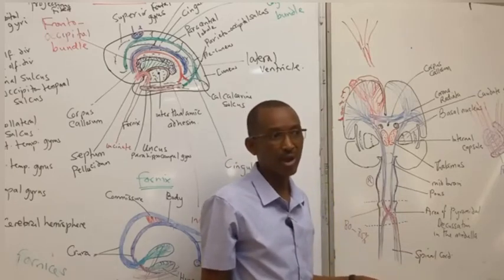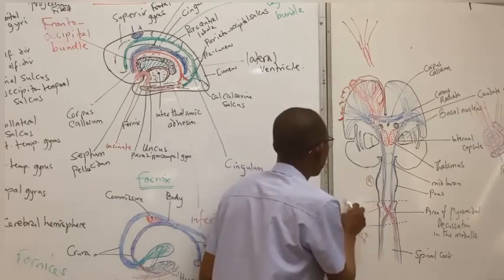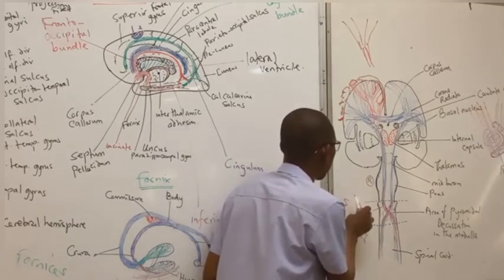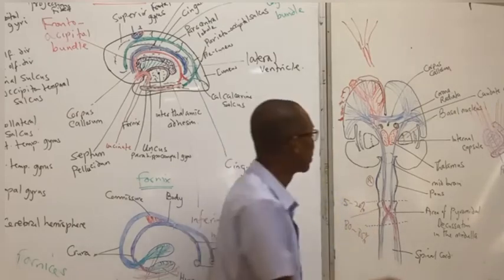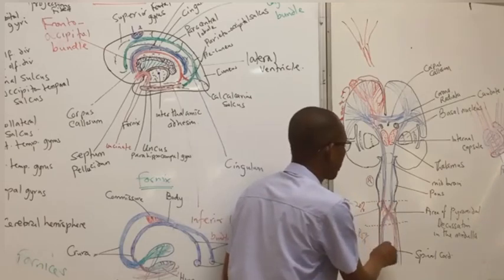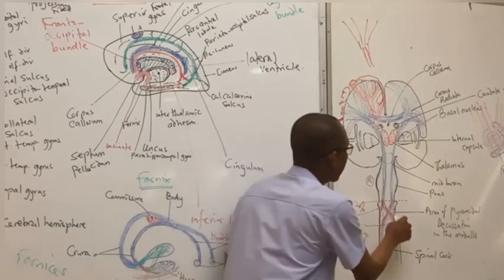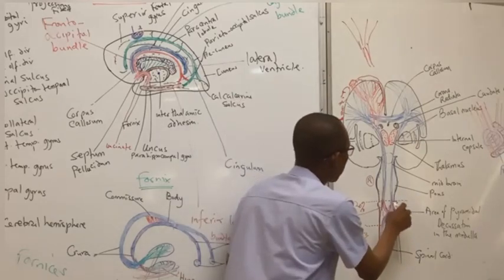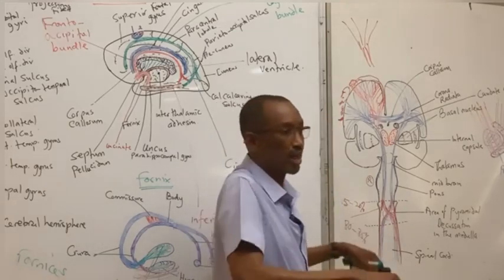Are you clear? So it means that the remaining 15 to 20% of the fibers go uncrossed. That means those from the right side go directly downward into the spinal cord without going into the left side. Similarly, on the left side, the remaining 15 to 20% also go uncrossed and go to that same side.